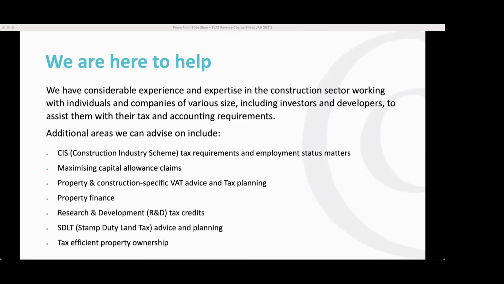Additional areas where we can advise include CIS tax requirements and employment status matters relating to CIS, maximising capital allowance claims, property and construction specific VAT advice and tax planning, property finance, research and development tax credits, stamp duty land tax advice and planning, and tax efficient property ownership.